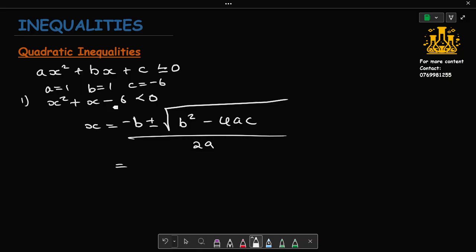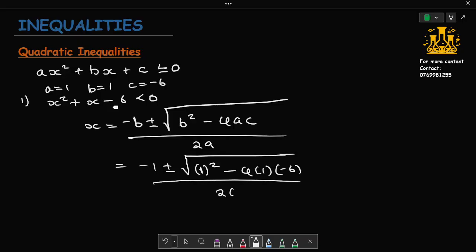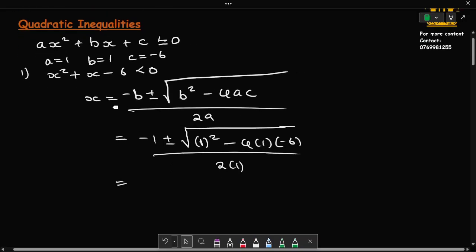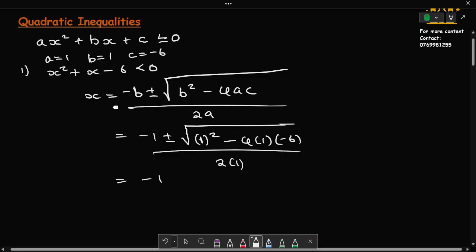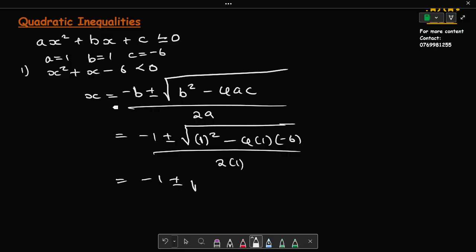So we just need to replace in our formula. We have negative 1 plus or minus the square root of 1 squared minus 4. Our a is 1, c is negative 6. And this is being divided by 2. So what we're going to get is negative 1 plus or minus the square root of 1, this and this will become positive, 4 times 6 is 24, so plus 24.